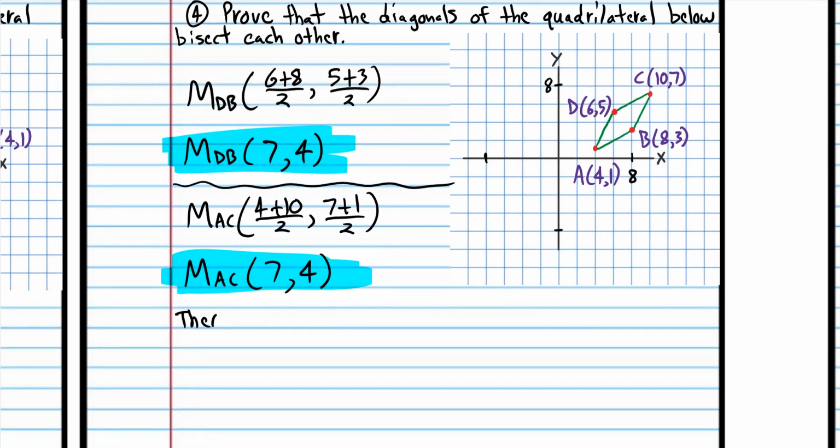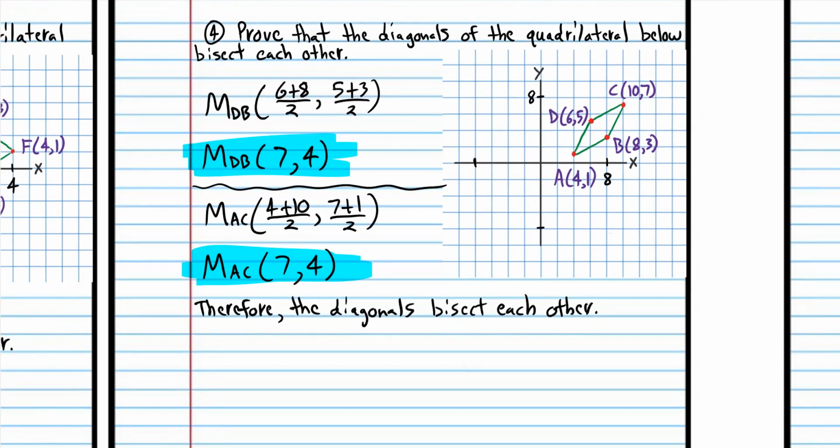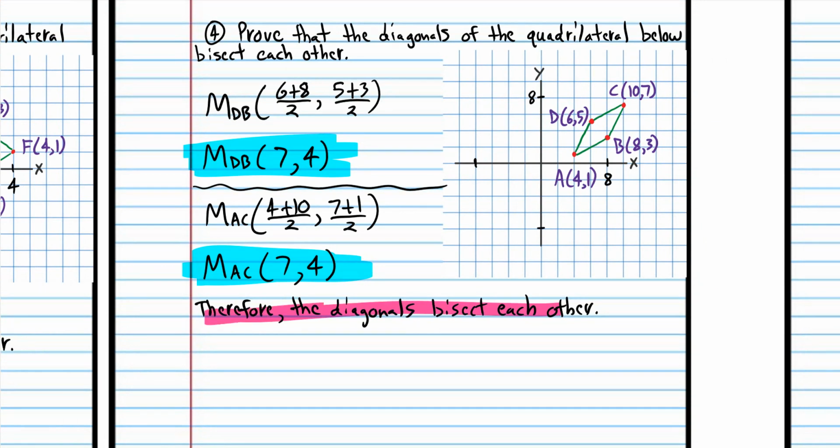So we can say, therefore, the diagonals bisect each other. So if you got those answers, good job. Remember, you have to write that final statement. If you didn't do that, write that conclusion statement.